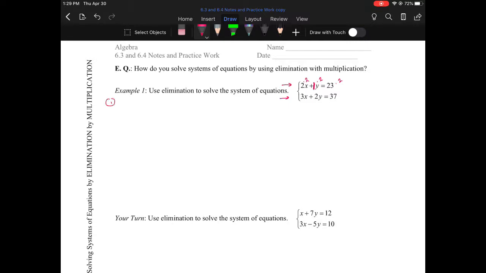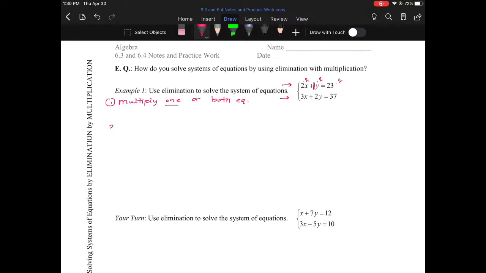So when I do that, so that was my first step, multiply one or both equations. Okay, multiply either one or both. In this case, we just had to do one.